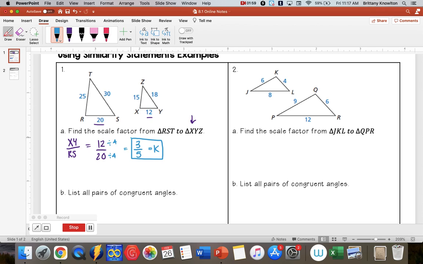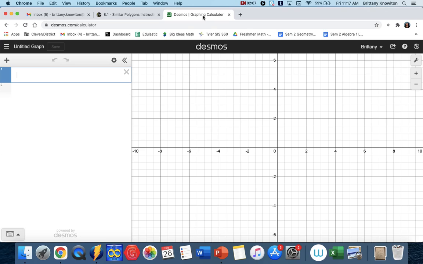If you don't automatically see what your fraction reduces to, you can use Desmos to actually reduce fractions for you. So if you go to desmos.com/calculator, you'll get something that looks like this. And you can type your fraction in there. So I'm going to hit 12. I'm going to hit the slash mark. That automatically makes a fraction for me. And then 20.